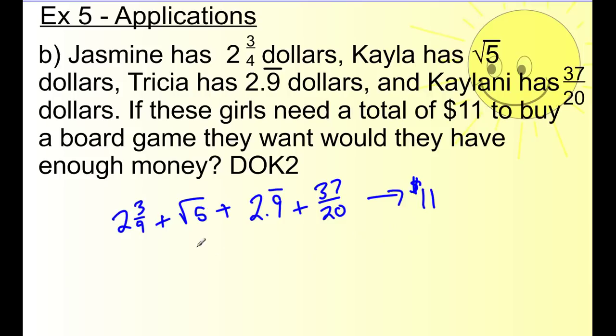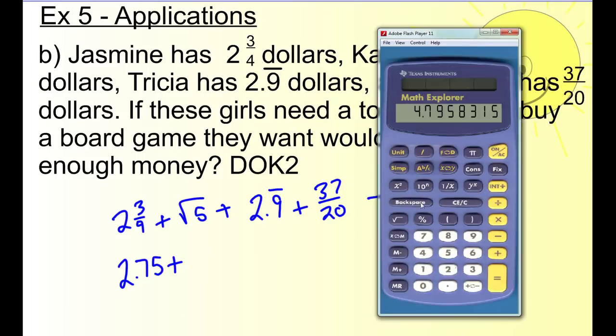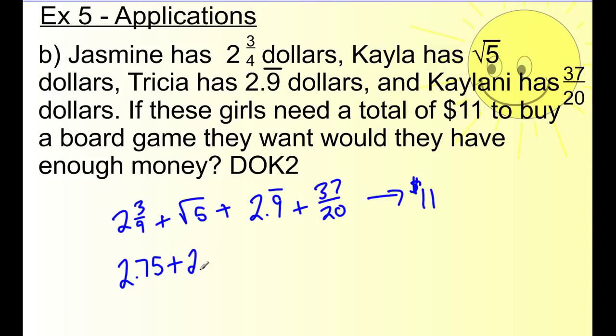Well, let's see. This 2 3/4 as a decimal is 2.75. You can divide by hand if you don't trust me, or divide using a calculator, but it is. Square root of 5. I think it's calculator time. 5 square root is 2.23.